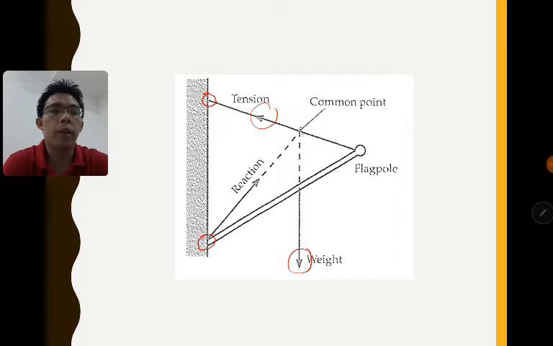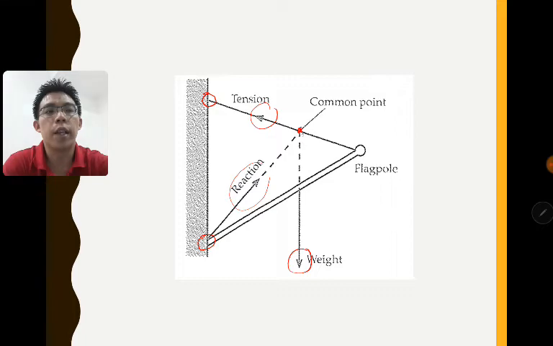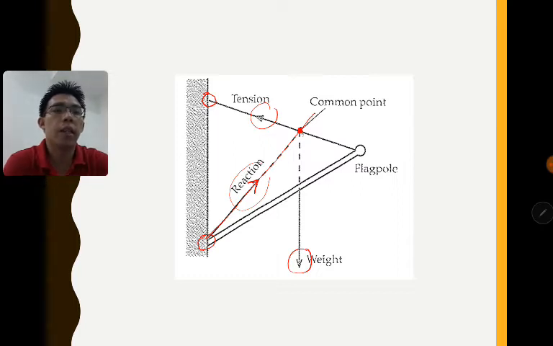The technique that we can use is the idea of a concurrent point. Let's say you don't know where the reaction force is, and then you figure out that these two forces actually join here. So of course you draw a line joining it until here. Then you know that the reaction force is actually pointing here because it is at equilibrium.